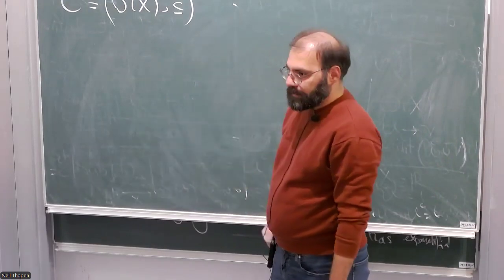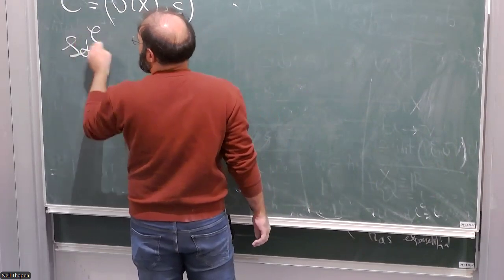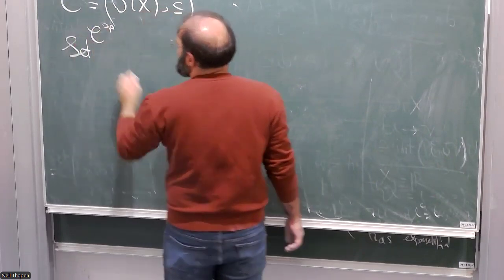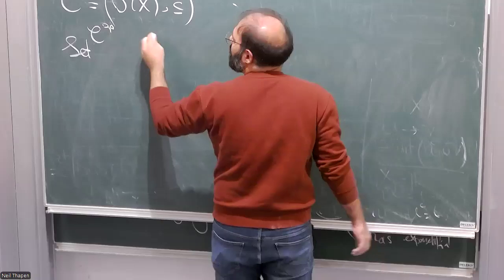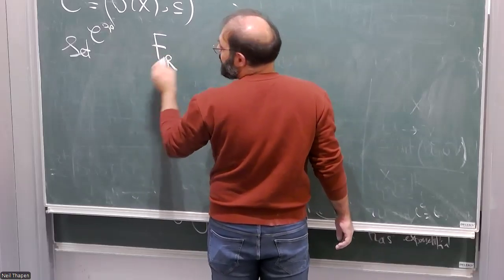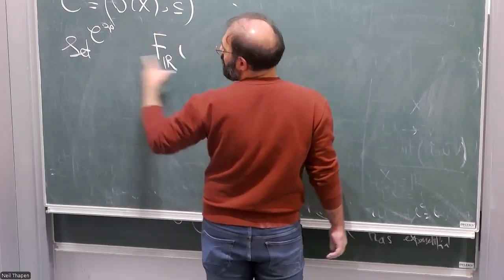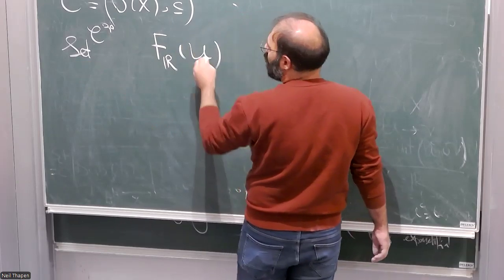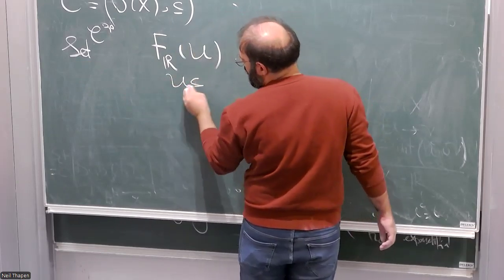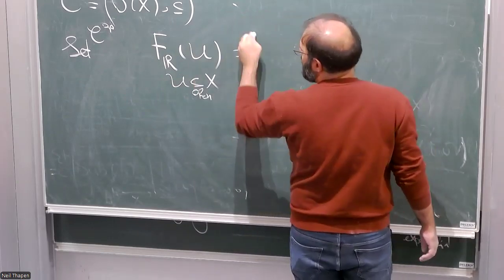You pick C as this guy, and then set to this C opposite. One of the objects here, for instance, is this guy. That realizes that idea. So what is the object here? That A is U, some open subset, open of X.